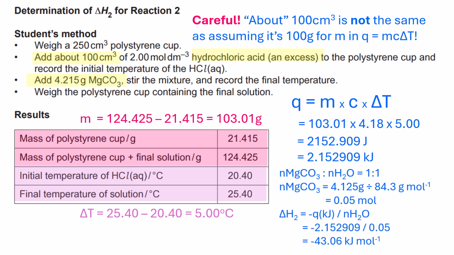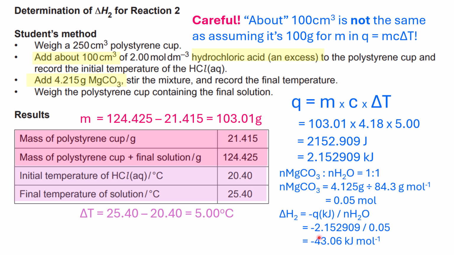So, like we said, the number of moles of magnesium carbonate to water is 1-to-1. If we work out the number of moles of magnesium carbonate, we will get the number of moles of water. So then delta H2 is minus Q in kilojoules over the number of moles of water. So minus Q, like we said earlier, was 2.152909 kilojoules.